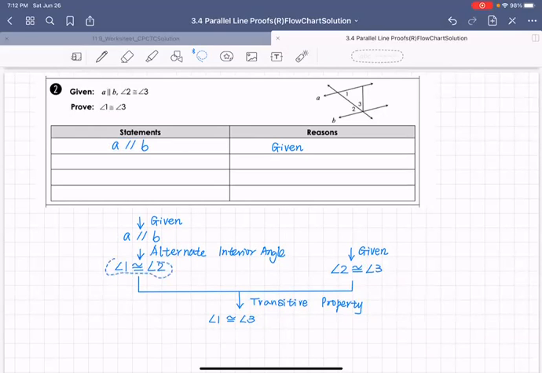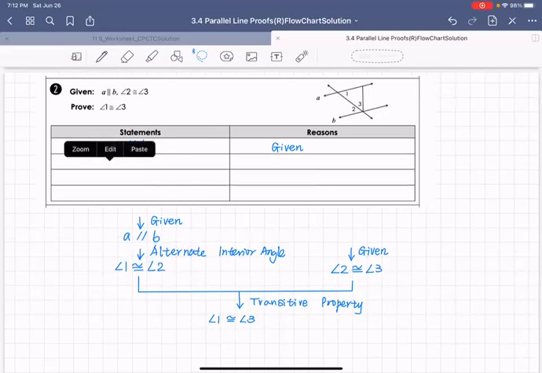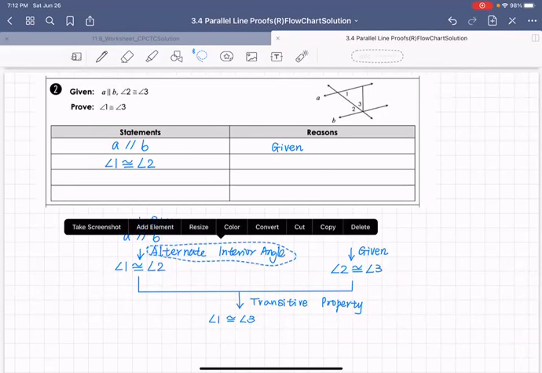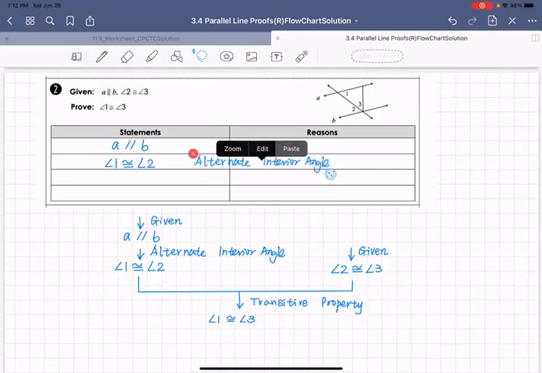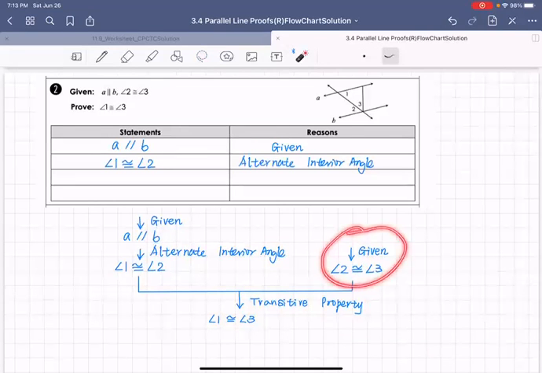And then we know that angle 1 congruent to angle 2 is after A parallel to B, and this is supported by the alternate interior angle theorem. So we will paste this one over here. After that, we are going to start from here. This guy is given.